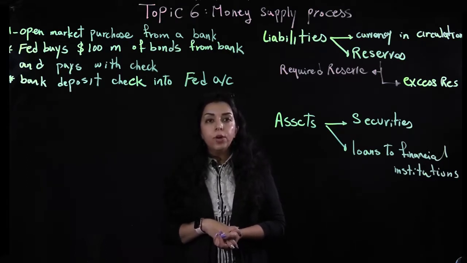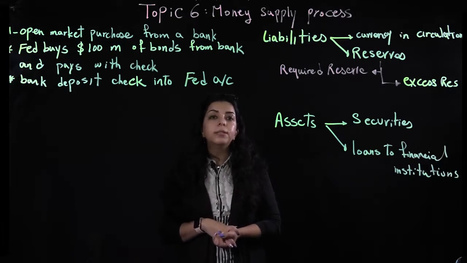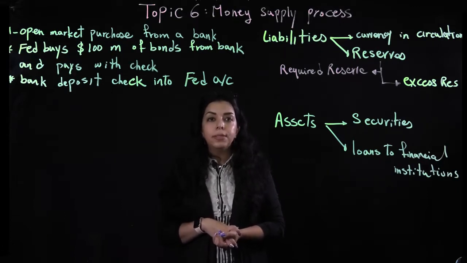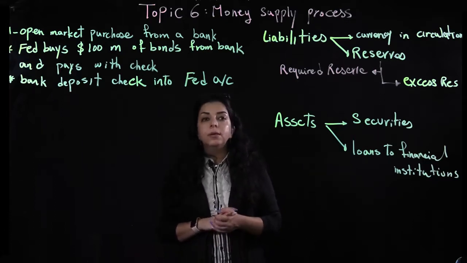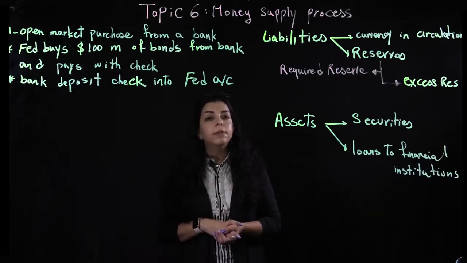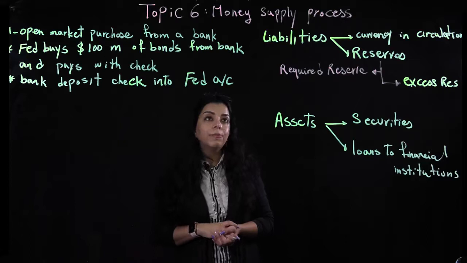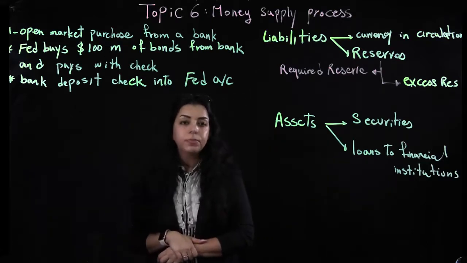So in today's topic, we want to study how the different actions done by the central bank, different policies such as tight monetary policy or easy monetary policy, are going to affect the liabilities and the assets of the central bank.